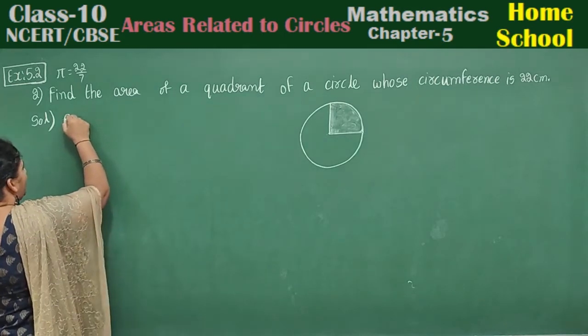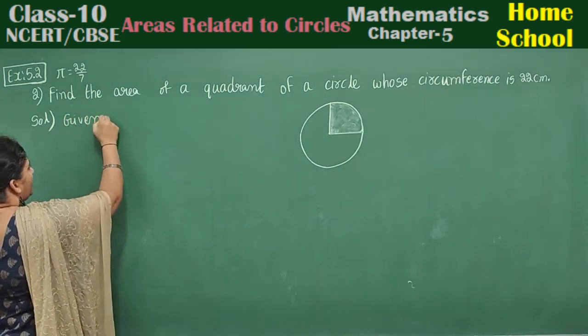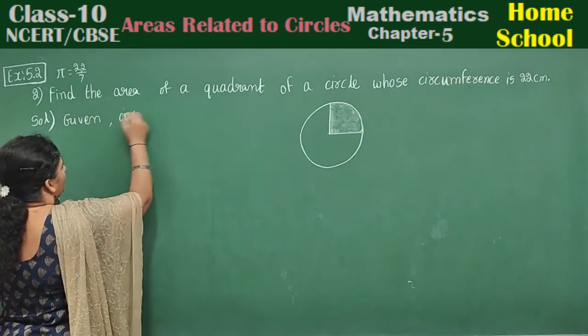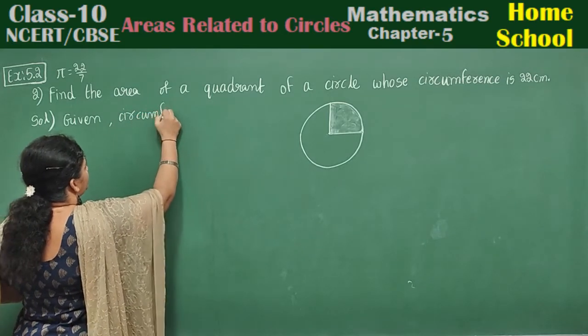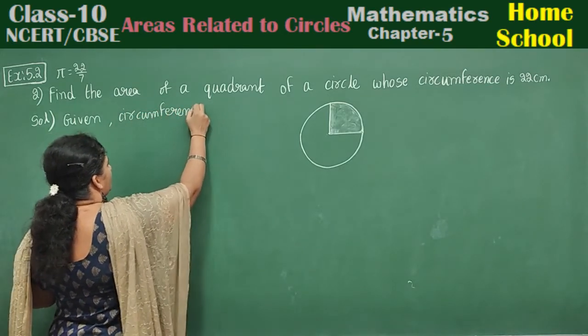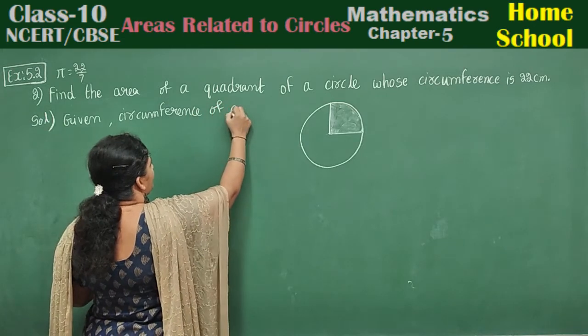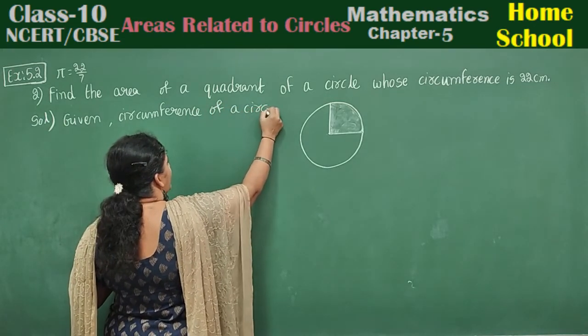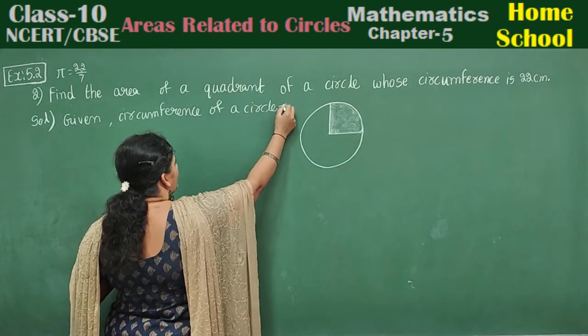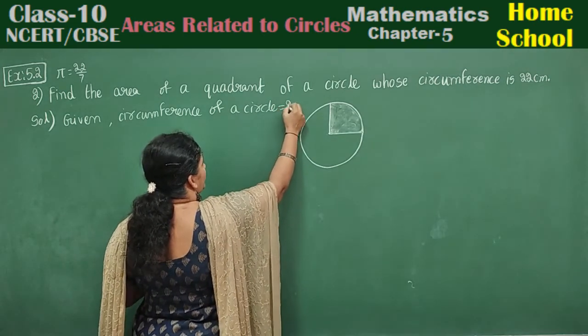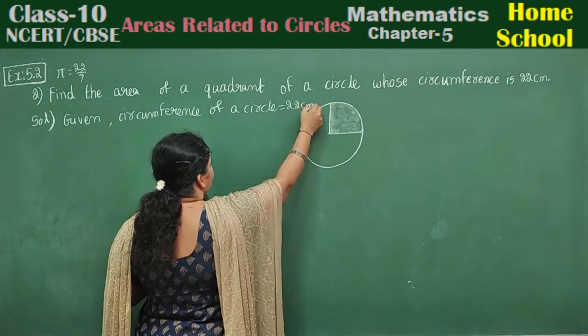Solution. Given: circumference of a circle is equal to 22 centimeters.